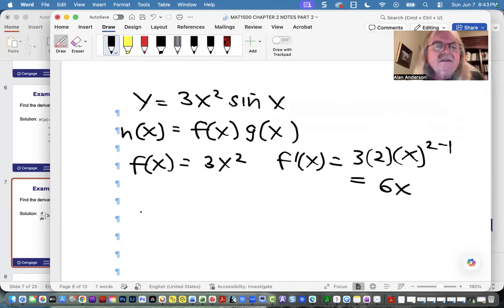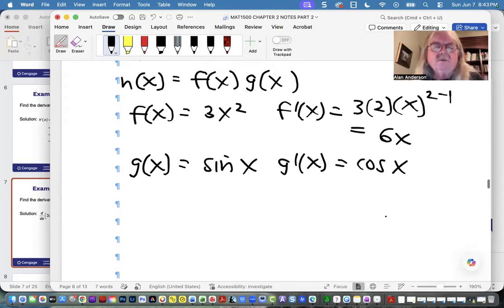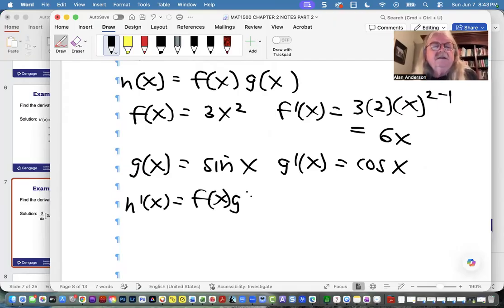And g of x is sine x, which means the g prime, as we've already seen, is the cosine of x. So now we can write out the rule. And then substitute.